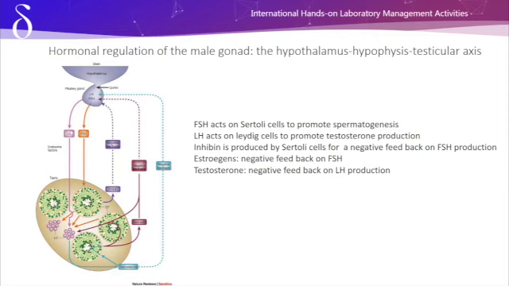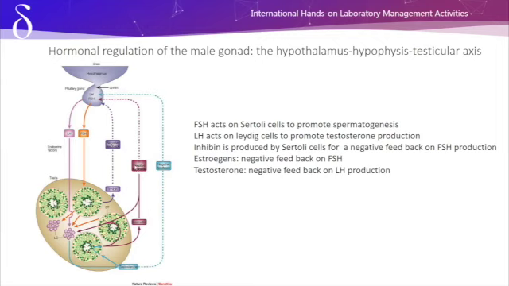LH is the luteinizing hormone, FSH is the follicle stimulating hormone. FSH acts at the level of Sertoli cells, which possess a receptor for this hormone, to stimulate and to promote the spermatogenesis process. LH, on the contrary, acts at the level of Leydig cells to stimulate production of testosterone.